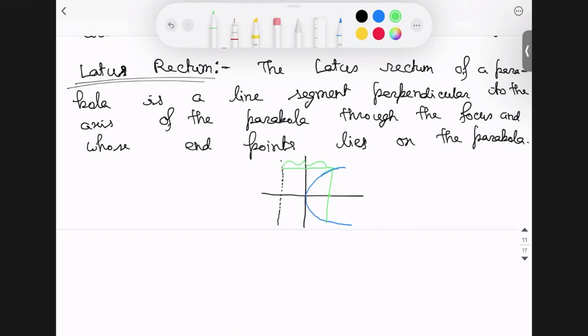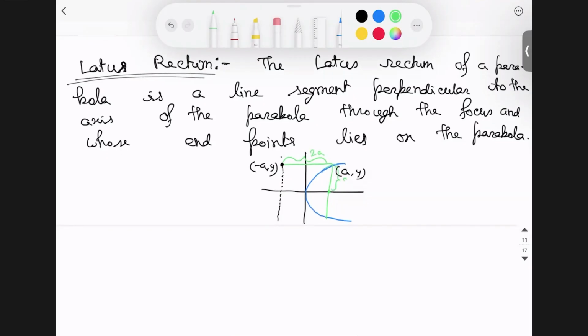This point has coordinates minus a comma some y, and this point has coordinates a comma y, and these two y's must be the same. The distance between them is 2a, so this distance is 2a and the whole distance will be 4a.